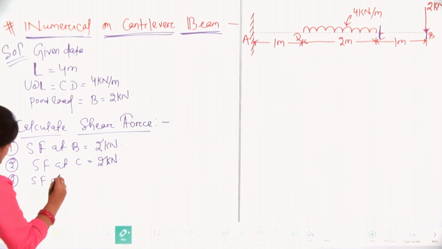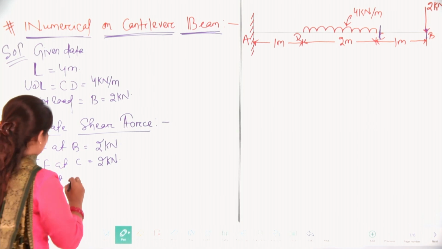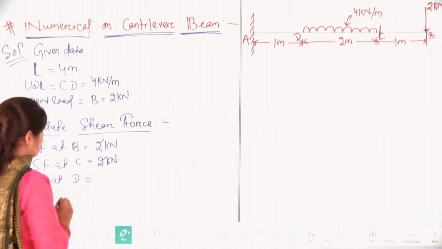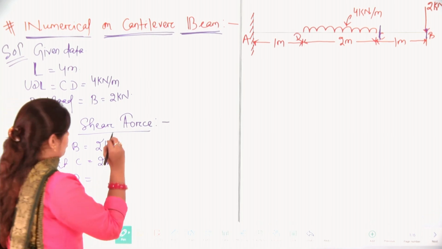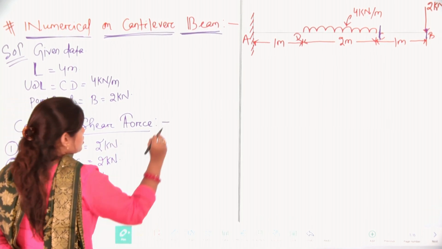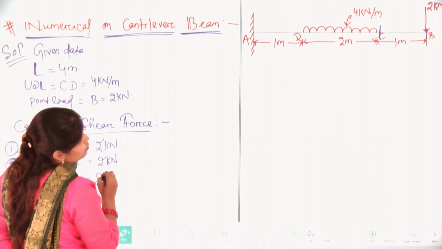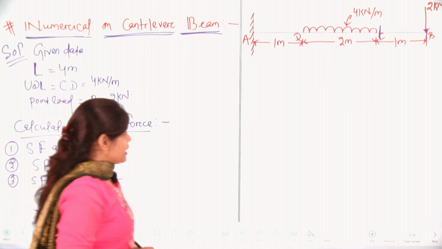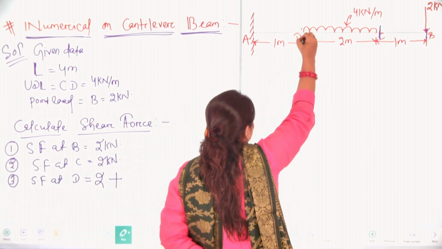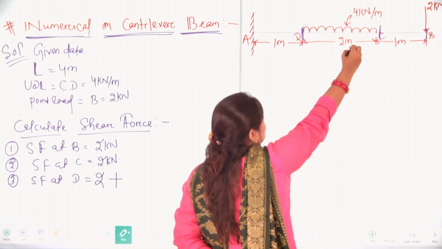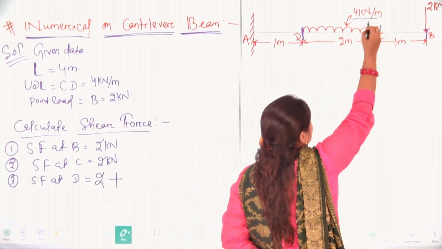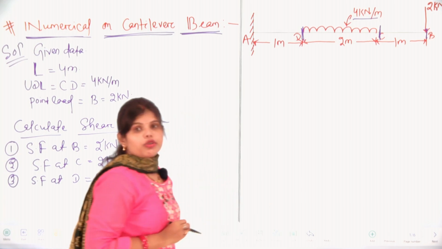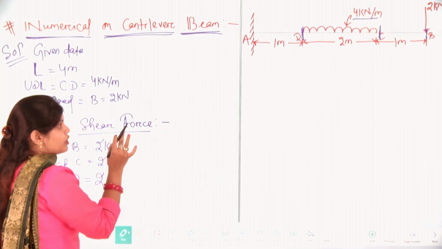Next, shear force at point D. Here we add the 2 kilonewton point load, plus this UDL, the uniformly distributed load, of 4 kilonewton per meter. So, 4 kilonewton will apply over the 2 meters.